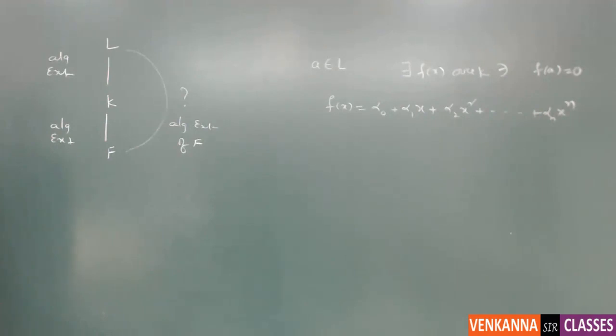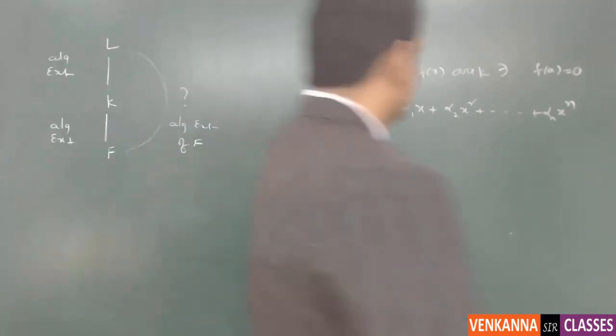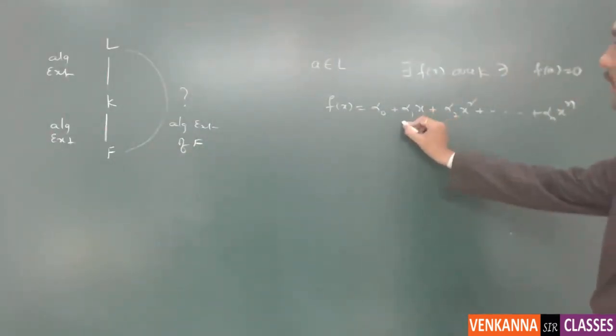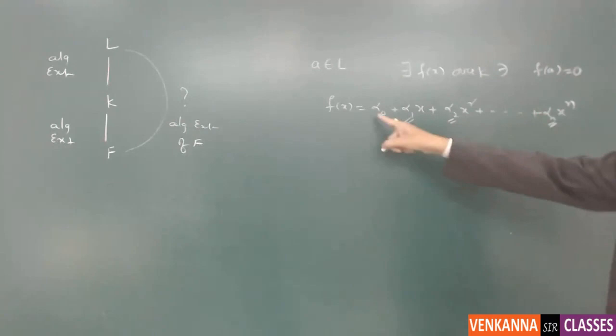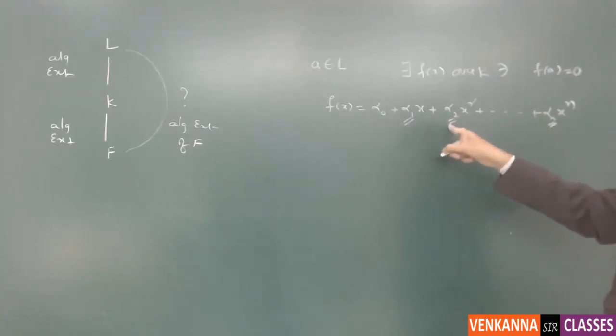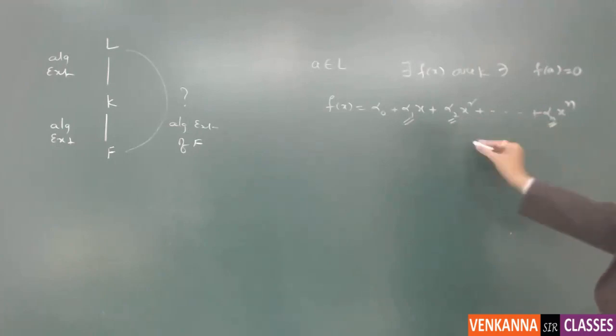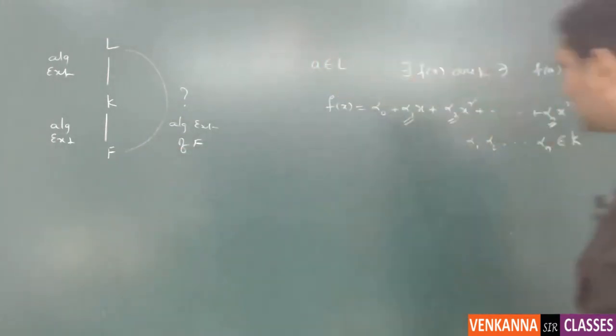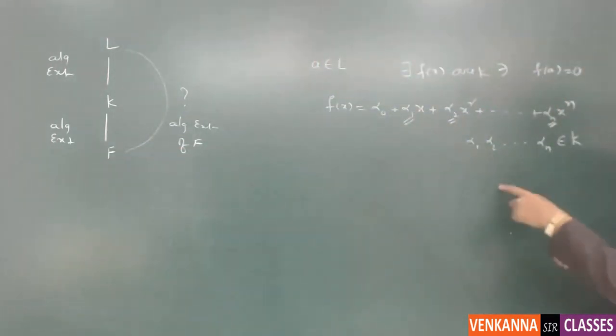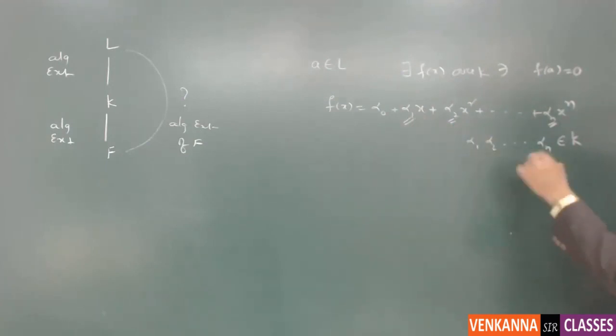Now, while writing this polynomial, the coefficients alpha naught, alpha 1, alpha 2, and so on up to alpha n are all belonging to K. Since K is an algebraic extension of F, you have alpha 1 algebraic over F, alpha 2 algebraic over F, and so on, alpha n algebraic over F.